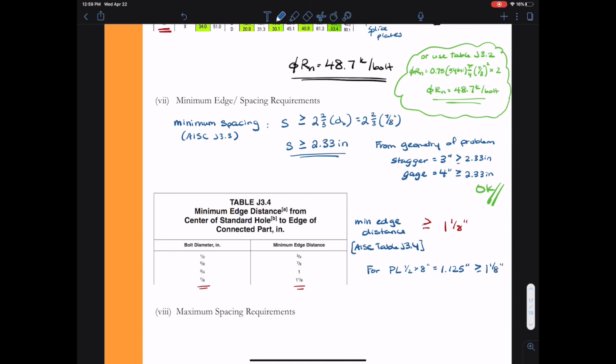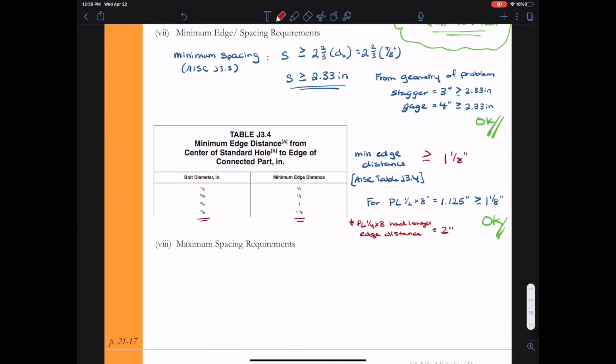This is in fact equal to 1 1/8 inch, so my connection would pass. For my 1/4 inch splice plates, the edge distance was 2 inches, and so that was also greater than 1.125 inches, and so it is also okay. Or I can just say, well, I had longer edge distance, so I know that it'll be okay.